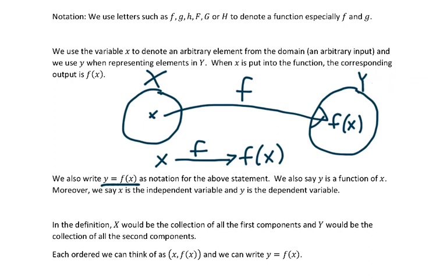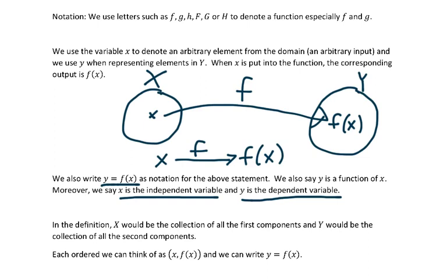Little x represents your arbitrary input. The element in Y you get back is f of x. So again, it's just fancy notation. What some people also say in this case is that x is an independent variable, and since y depends on x, y is the dependent variable.